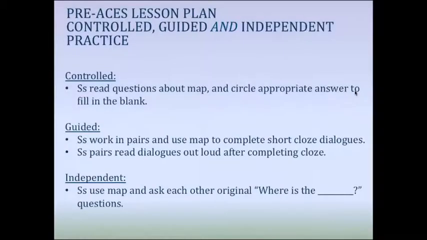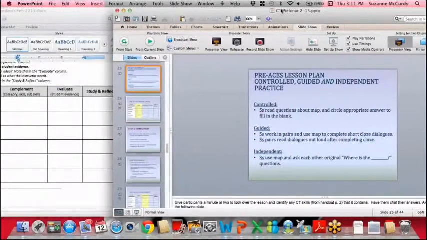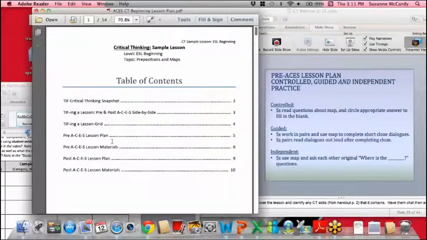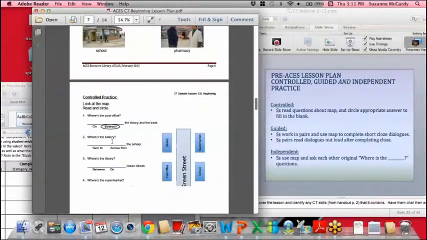And now the controlled activity, the guided activity, and the independent are all on one slide here, but we'll go through one by one. So for the controlled activity, students will read questions about a map, and then they fill in the blank. This is how it looks in the lesson plan.